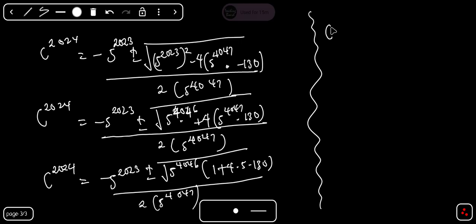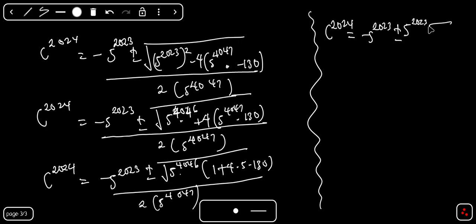So c raised to the power of 2024 is equal to minus 5 raised to the power of 2023, plus or minus. We take the square root of 5 raised to the power of 4046, that will be 5 raised to the power of 2023. Then the square root of 4 multiplied by 5 multiplied by 130, plus 1.